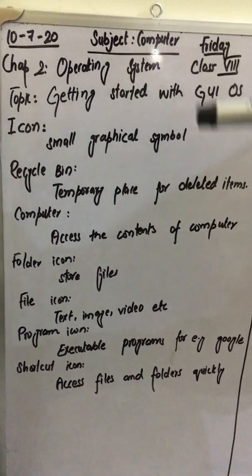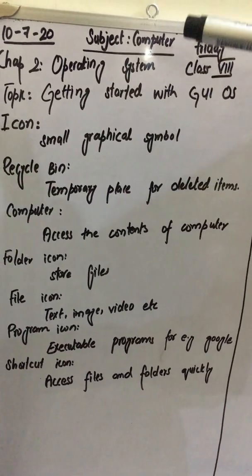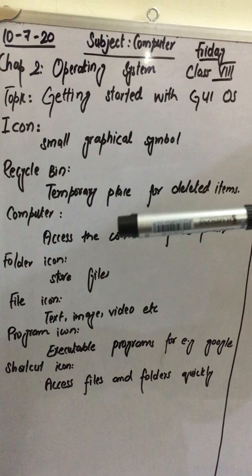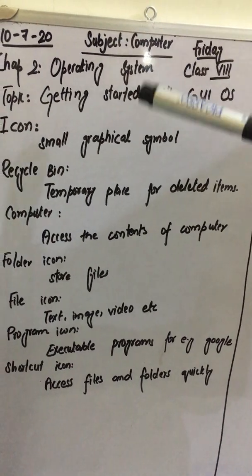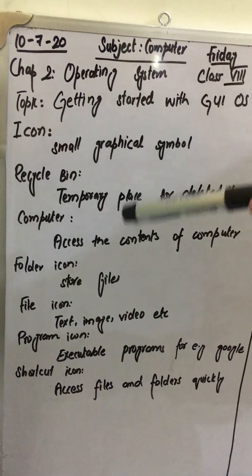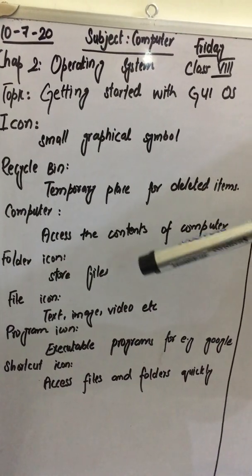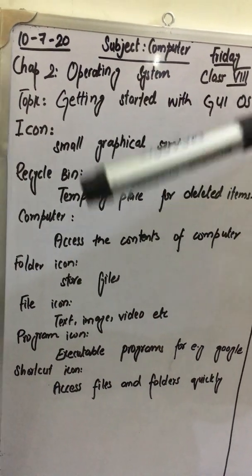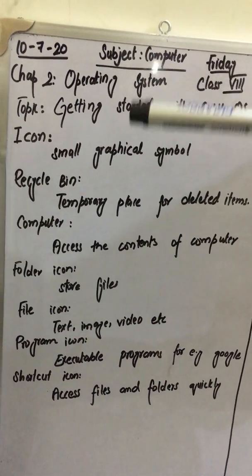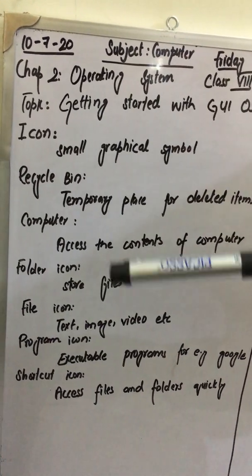We are so much used to using GUI operating system, but here is a theory which we already know, and we have already revised these things in our previous classes. Since class 1 we already know what an icon is and what different icons are available in the computer, but here is just a revision.